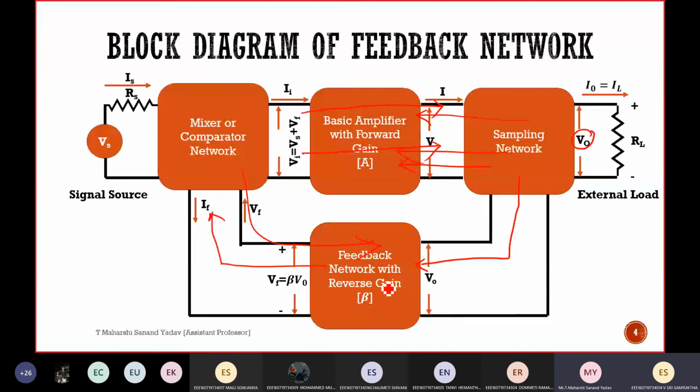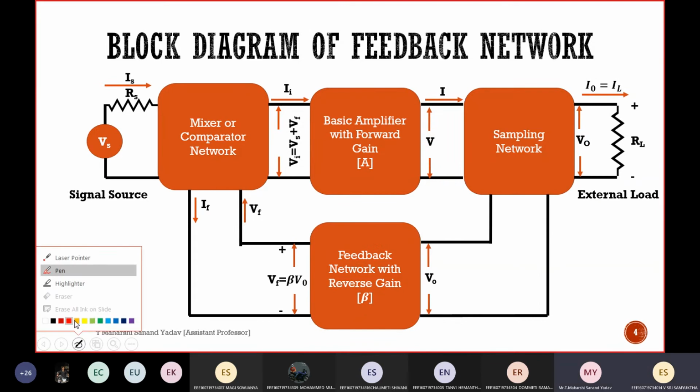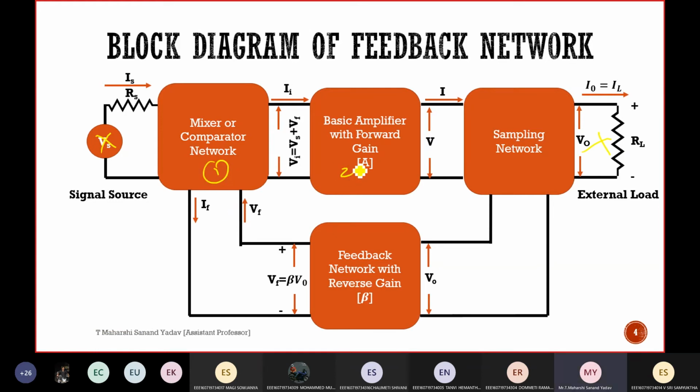See here in this diagram. Is this beta depending upon this RS as well as RL? Are there any connections between these two? No, sir. So there is no connection with this part as well as with this part. It is connected between 1 and 3, so there is no need for the source part as well as the load part.